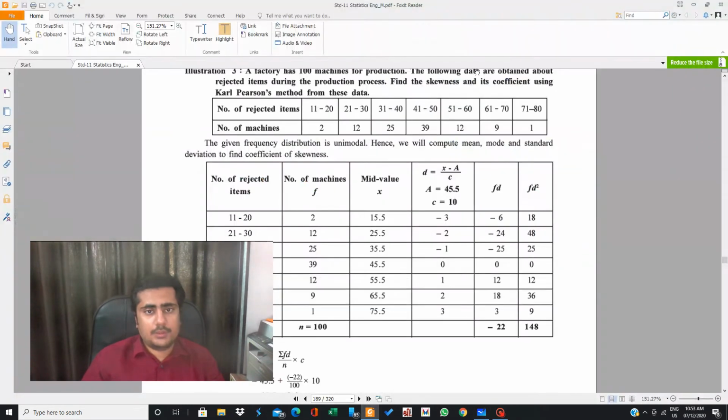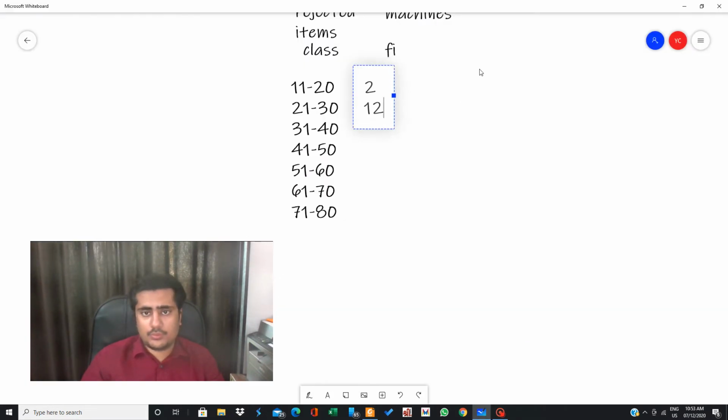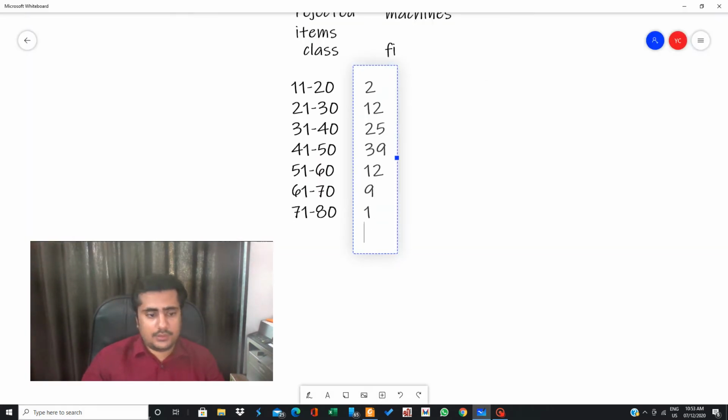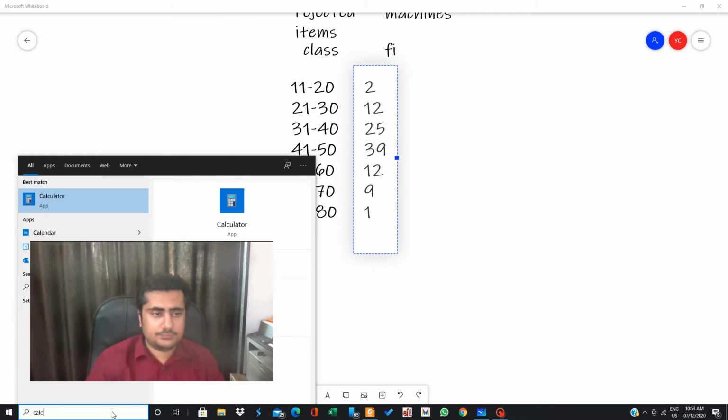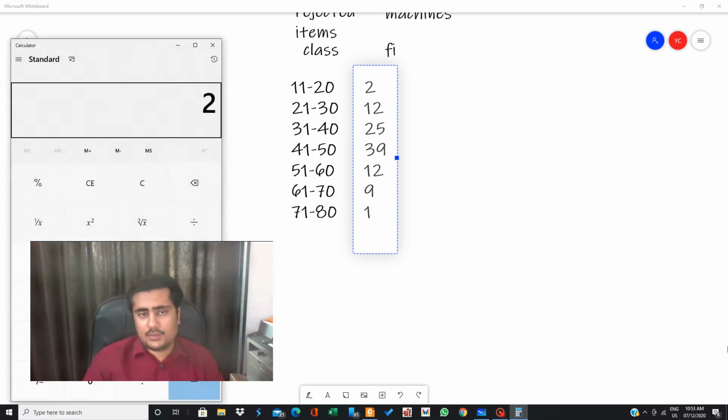Then we come to the frequency: 2, 12, 25, 30, 12, 9 and 1. The total is 100.